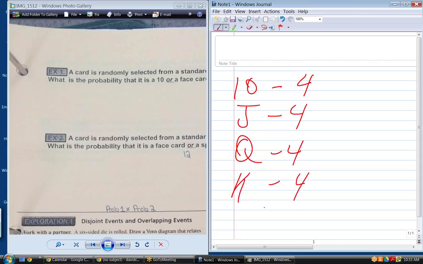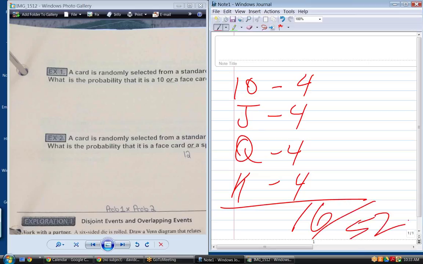So how many cards represent successes? 16 divided by 52 is the total possible chances, and so it's 16 over 52, which is what? 1/4? No? Let's see, it's 8/26, 4/13. Okay.